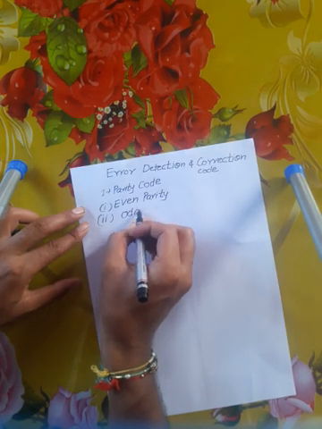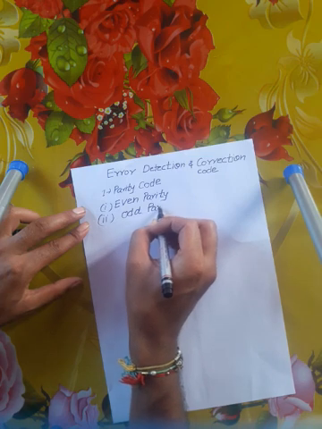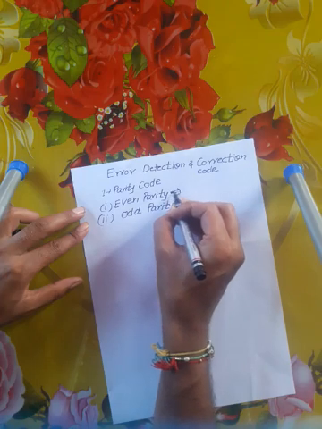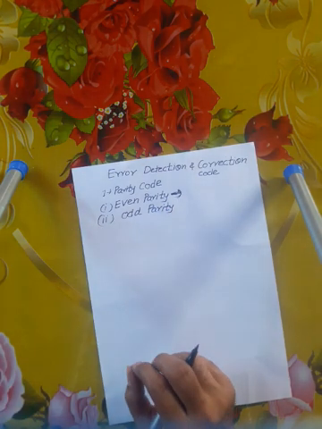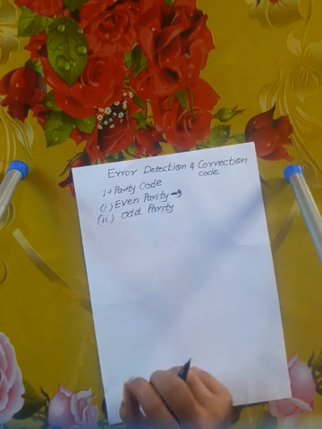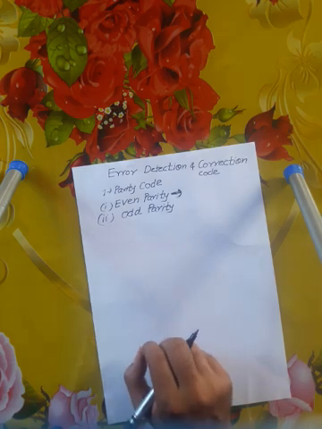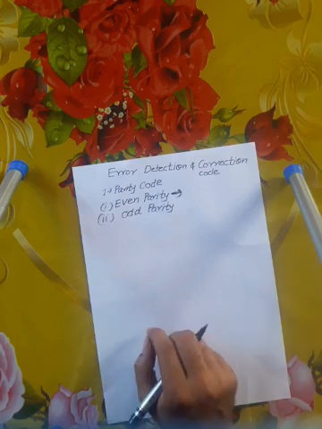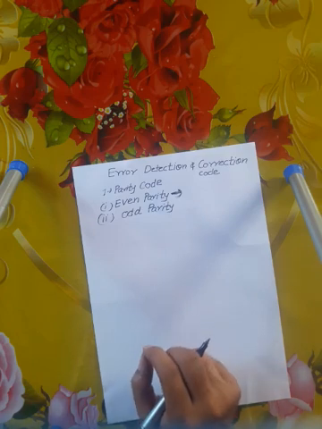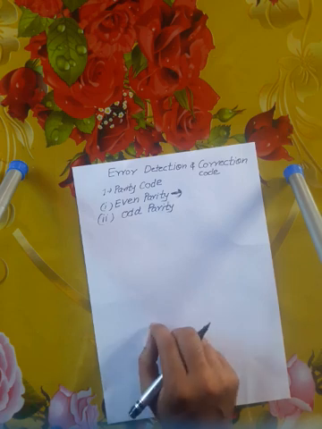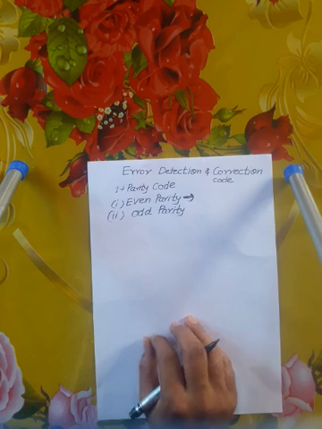In even parity, we add an extra bit to the message signal, and at the receiver end we check for even parity and for odd parity. If the total number of ones is even, that is called even parity. If the total number of ones is odd, that is called odd parity.